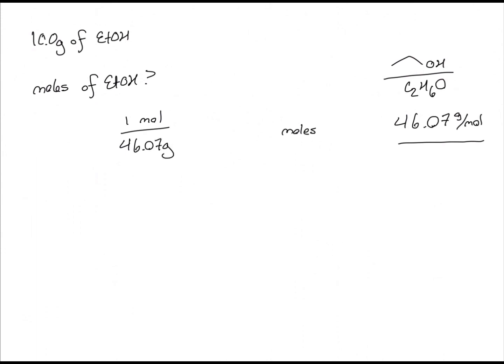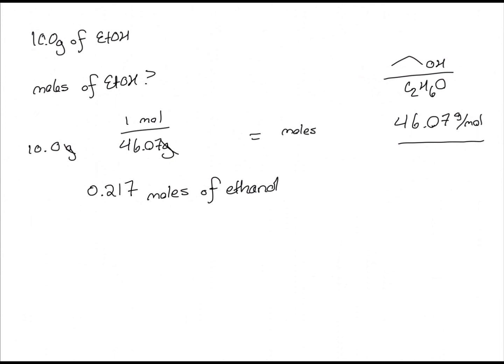So if we move this over here to account for our actual number, we have grams times moles over grams equals moles, and we can cancel out grams to get moles equal to moles, which is exactly what we want. If we do that math, we get 0.217 moles of ethanol in 10.0 grams. So that was our conversion between grams and moles.